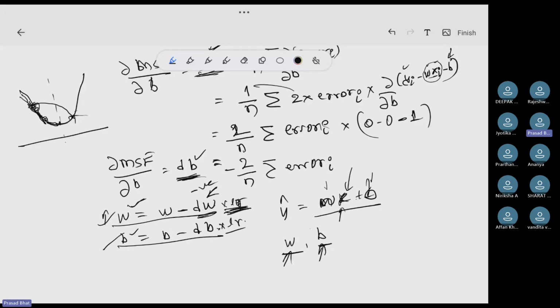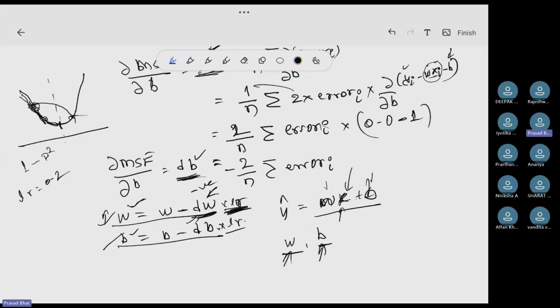Since we are multiplying dw with the learning rate, even after 1500 epochs yesterday we were not able to get exactly 1 as the R square value, because every time the slope gets multiplied by 0.2. Yesterday we took LR as 0.2, right? So essentially we are taking 20% of the slope that we calculated, and that much value we are adding to w. That is what we are doing.